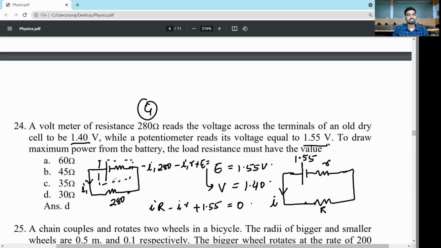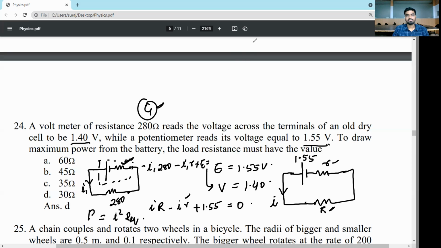With this, I can get I dash and small r. Once I get small r, I can use this to get I. Once I get I, power will be I square R equivalent, where R equivalent is small r plus capital R. So this is a concept from discharging of a cell along with the galvanometer.